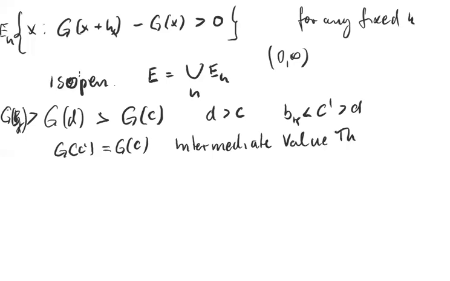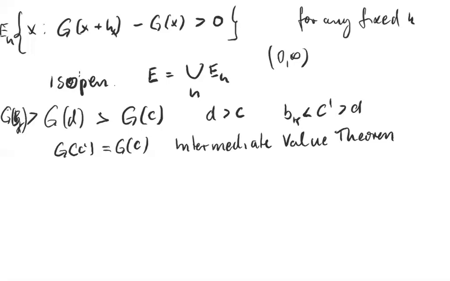On the next page, page 122, this contradiction, G of c prime equal to G of c, shows that we must have G of a_k equal to G of b_k. Why must they be equal?